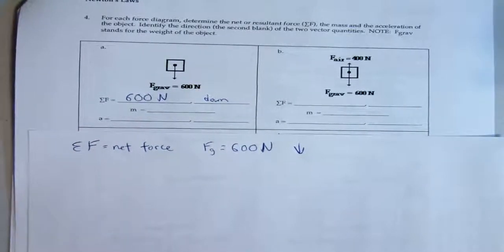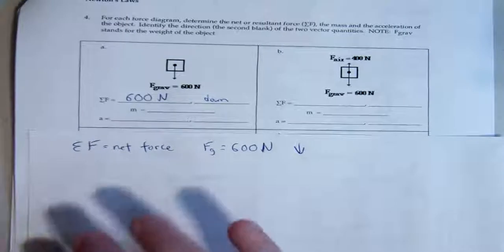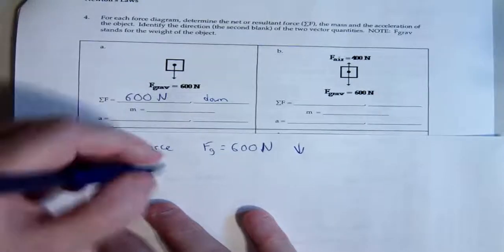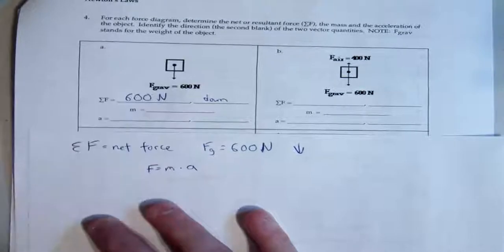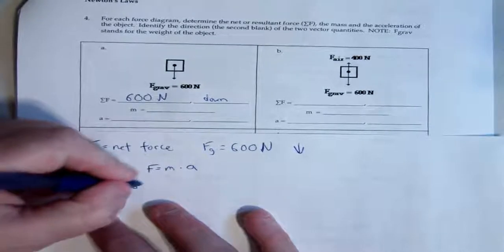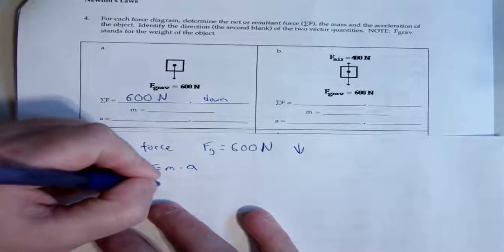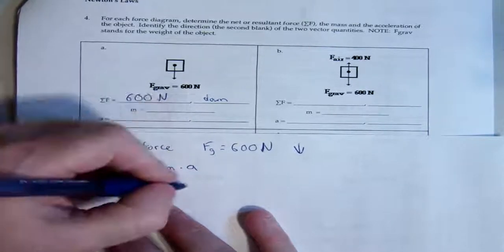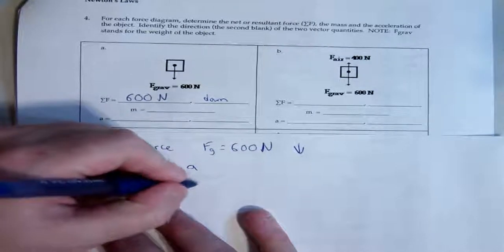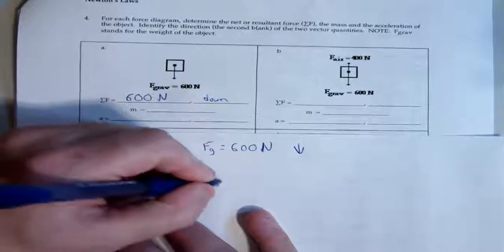All right? So, now we got to find everything else. We got to find the mass, acceleration, and so on. So we know that force equals mass times acceleration. We know that our force is 600. We don't know our mass. And if they don't give us any kind of acceleration, we're just going to assume the acceleration of Earth, 9.8 meters per second squared.